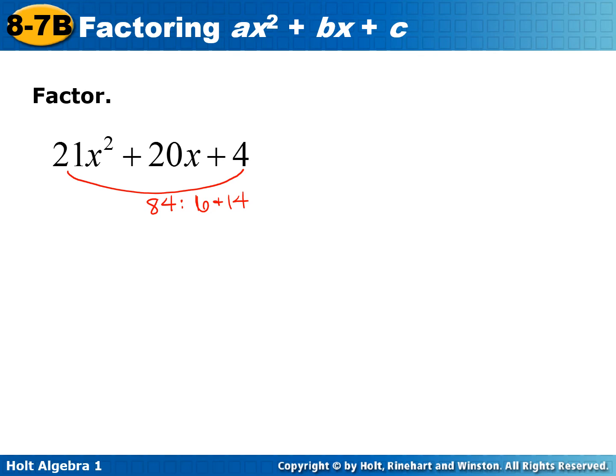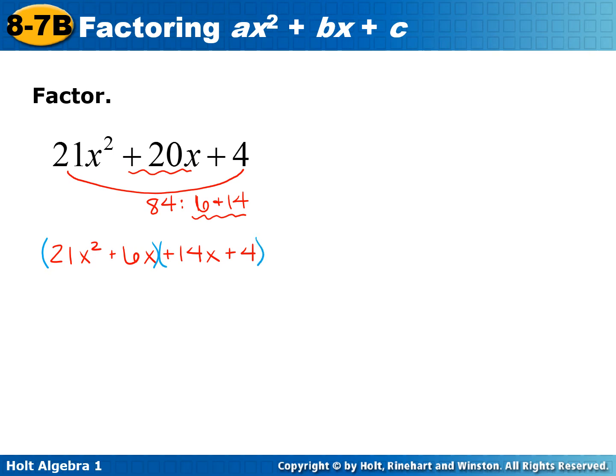So I'm going to rewrite my problem, but instead of writing 20x, I'm going to write 6x plus 14x, or 14x plus 6x. It does not matter. So 21x squared plus 6x plus 14x plus 4. Now I have a 4-term polynomial, so I'm going to factor by grouping.